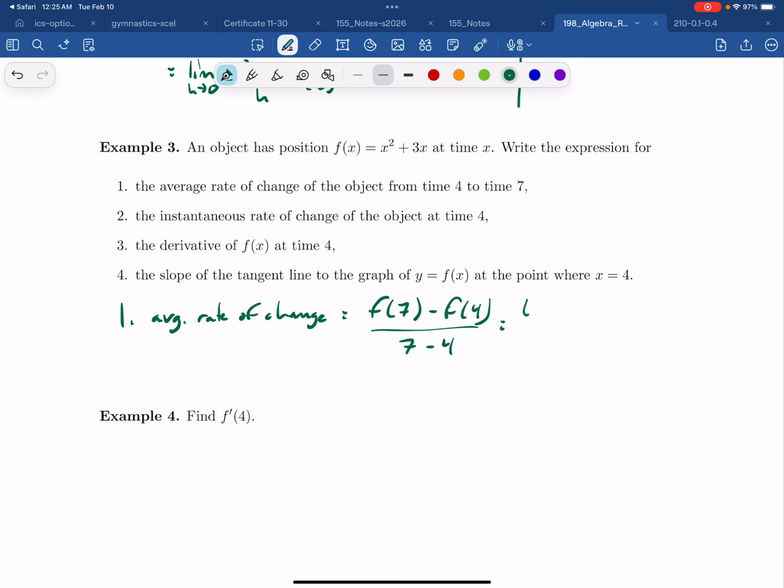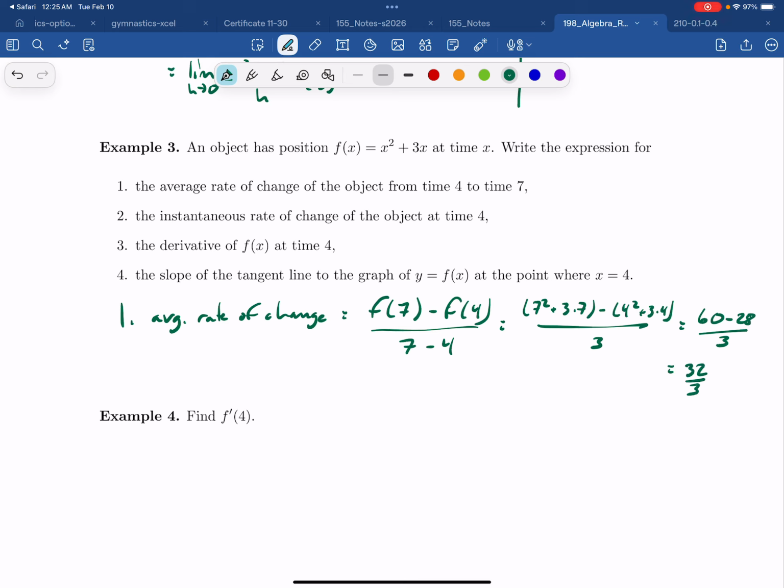We get 7 squared plus 3 times 7 minus 4 squared plus 3 times 4, all over 3, since 7 minus 4 is 3. 49 plus 21 is 70, minus 28, all over 3. So 42 over 3, 14.